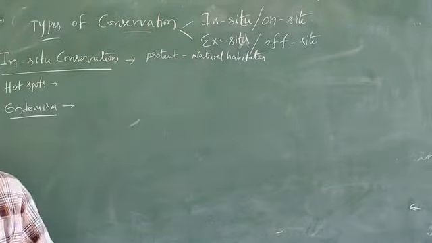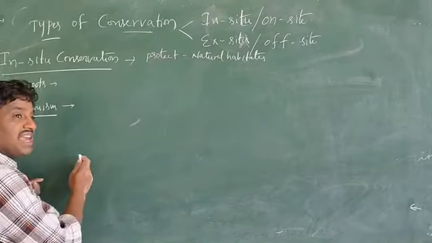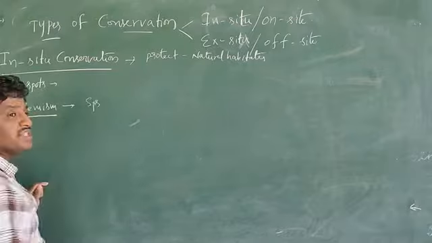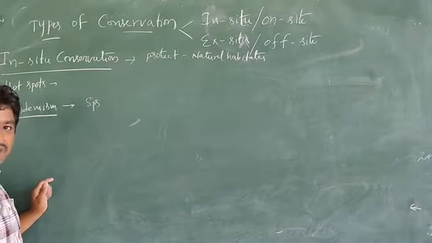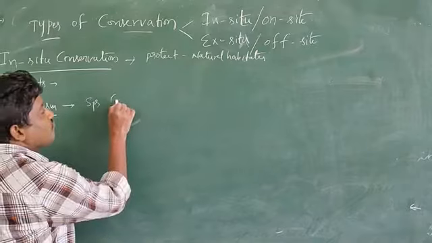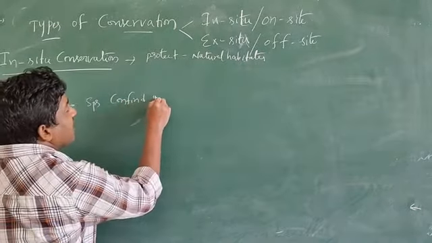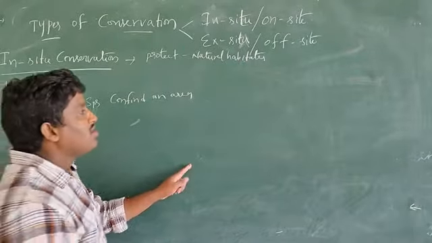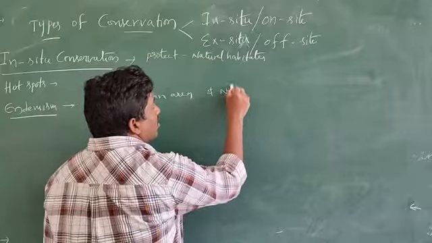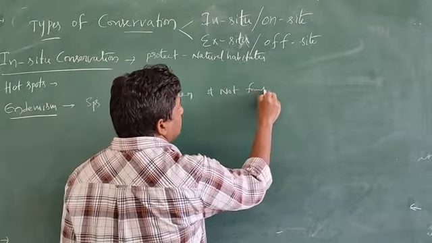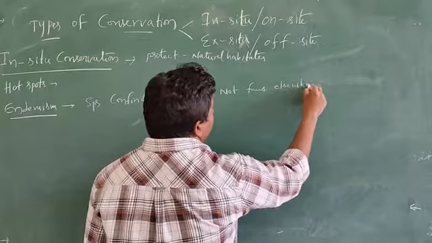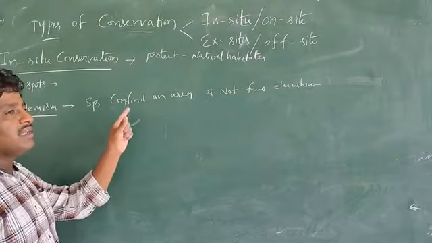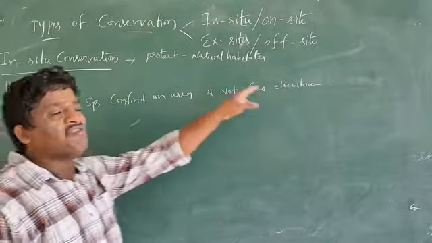So what is meant by endemism, endemic species? The species confined to an area only, not found elsewhere. That means one species can be found in a particular area only, not anywhere else.